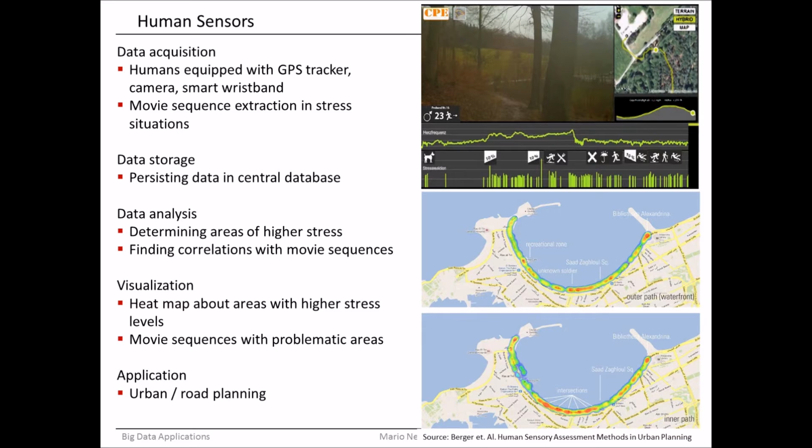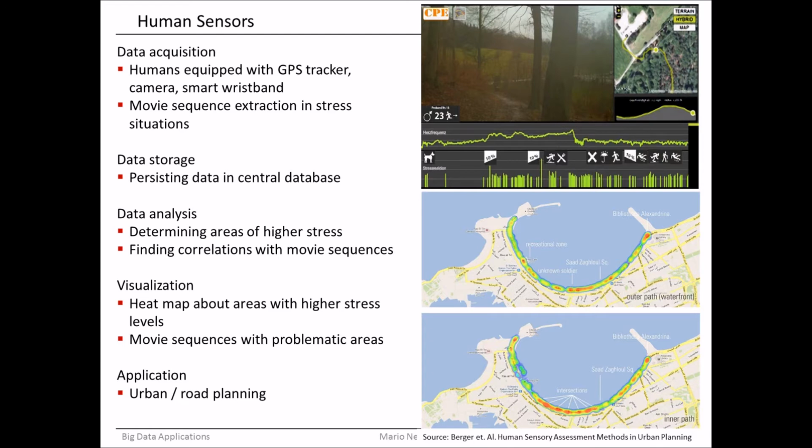So this visualization shows what areas of higher stress are detected in this application, and you could then even analyze the movie sequences which are related to these areas.